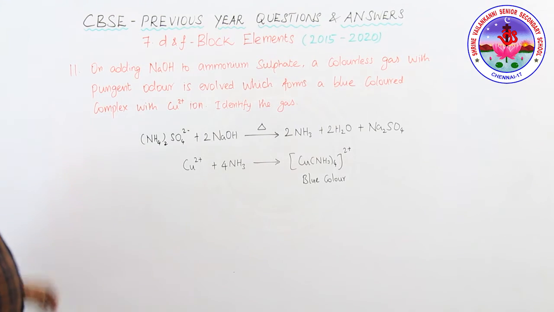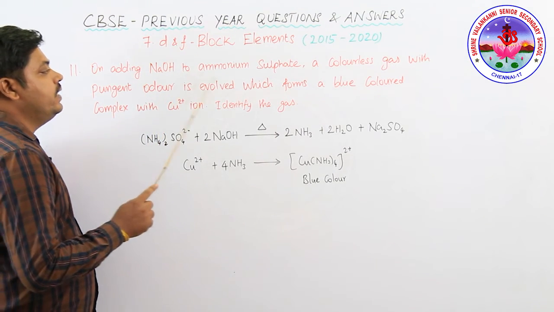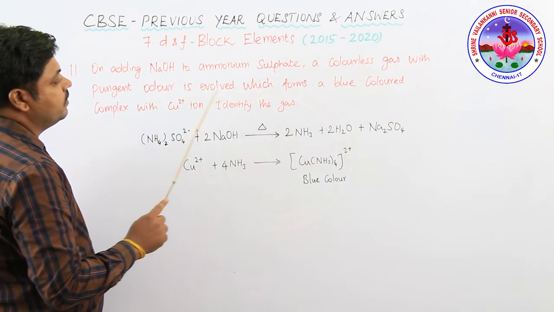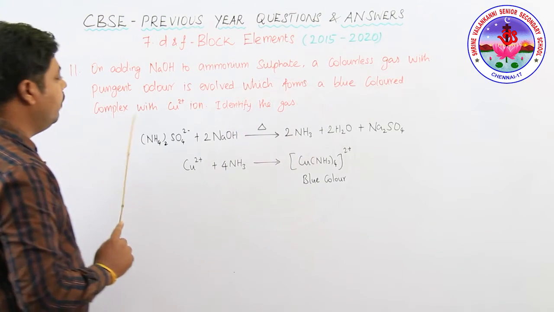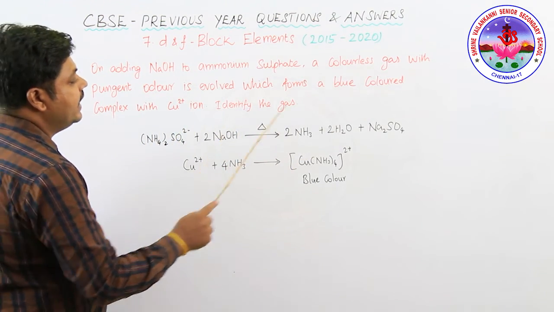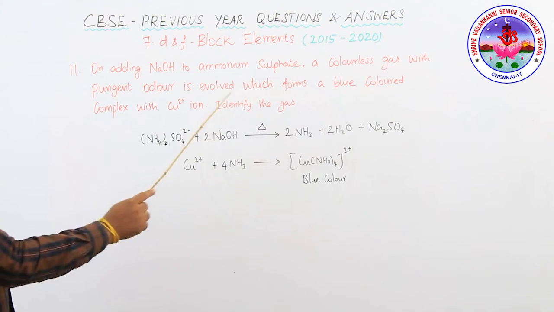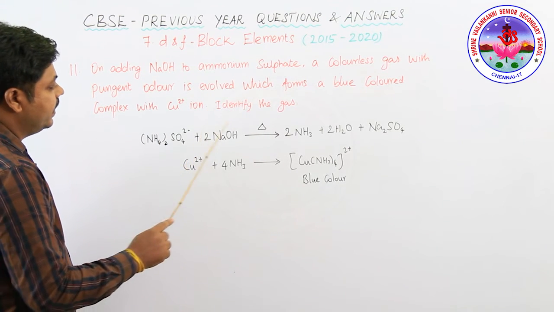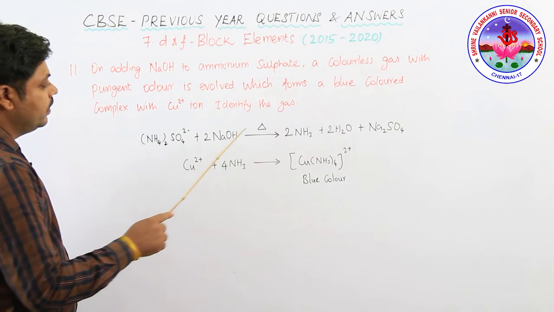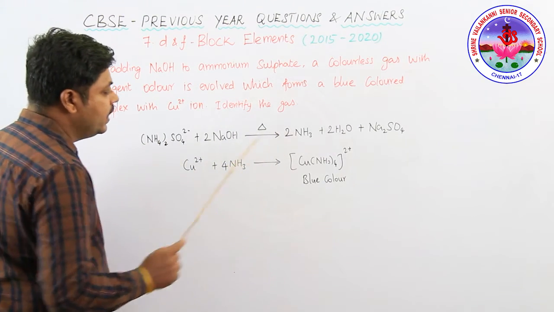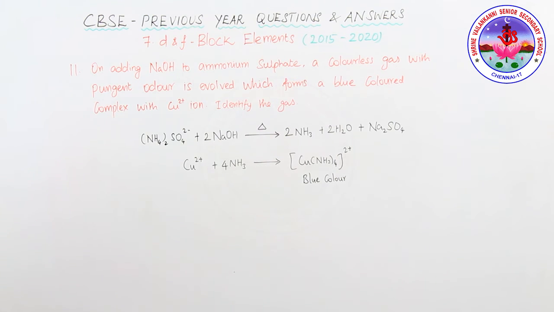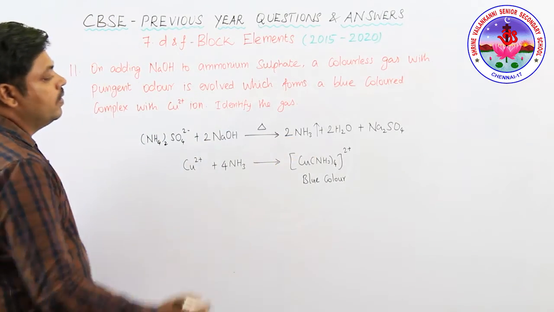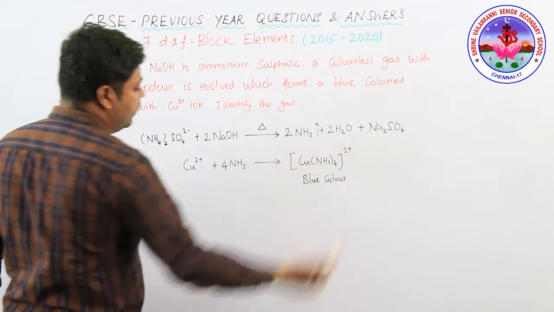The next question is: on adding NaOH, sodium hydroxide, to ammonium sulfate solution, a colorless gas with pungent odor is evolved which forms a blue colored complex with Cu2 plus ion. Identify the gas. The ammonium sulfate on adding sodium hydroxide solution and heating converts to ammonia gas, which has a pungent smell, and the byproduct is sodium sulfate.